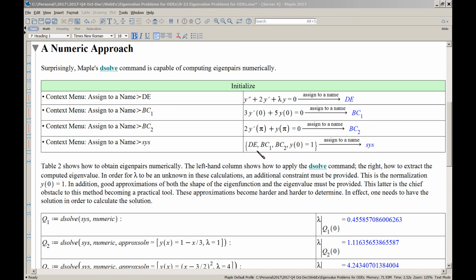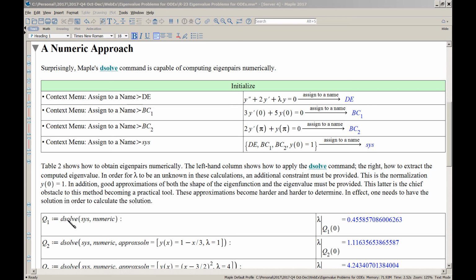Make a system in which I have the differential equation, the 2 boundary conditions, and a third condition which I just make up. And that's because lambda is unknown, and this is a numeric calculation. So something has to be done about giving one more condition for Maple to deal with the unknown lambda.